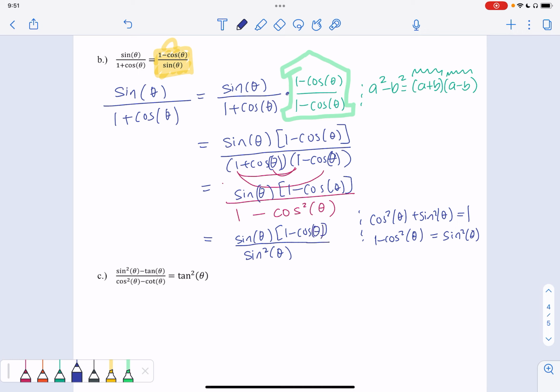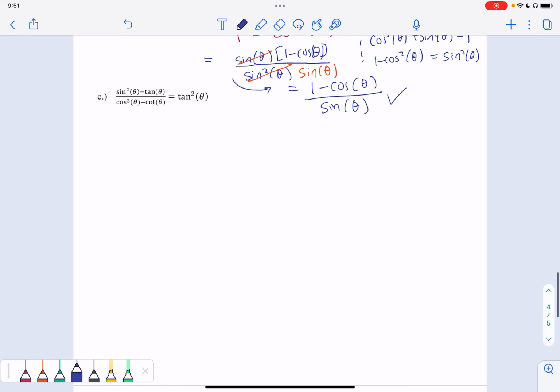Now I can see that there's a sine theta factor in both the numerator and denominator. If I cross out a sine theta in the numerator, that leaves me just 1 in the denominator. So I'm just going to rewrite that: equals 1 minus cosine of theta in the numerator over sine of theta in the denominator. And I've reached the other side, so I'm good to go.